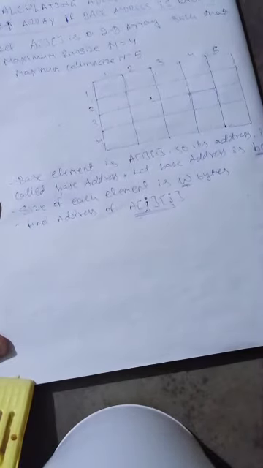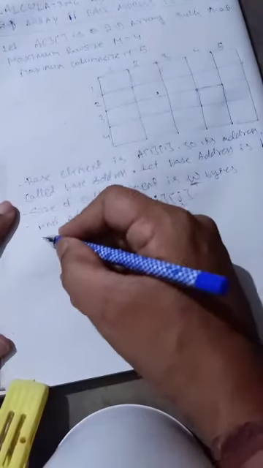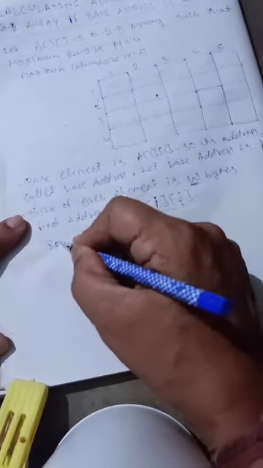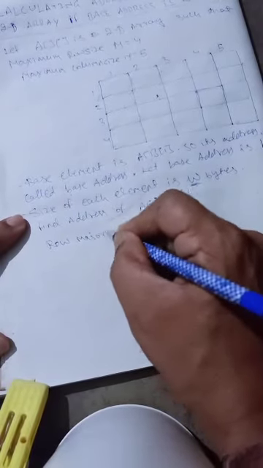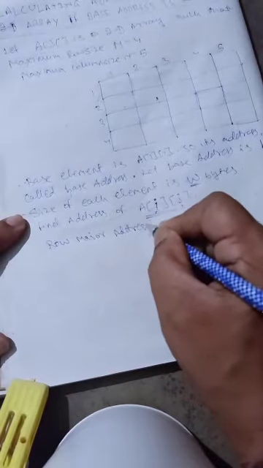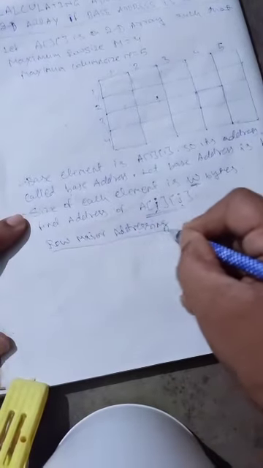First we will create the formula for row major. So if the array is implemented in row major, what should be the formula for calculating the address of Aij? I can write: address of Aij equals, how can we calculate it.